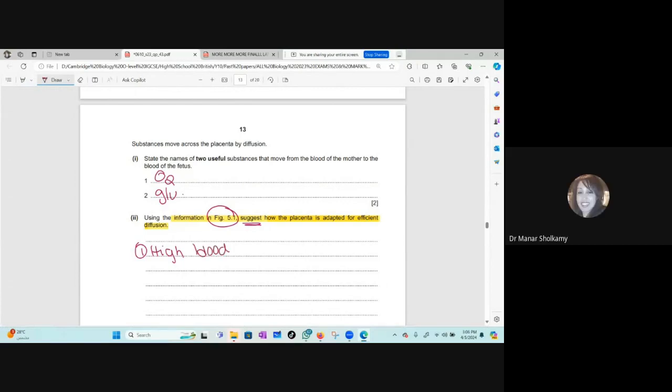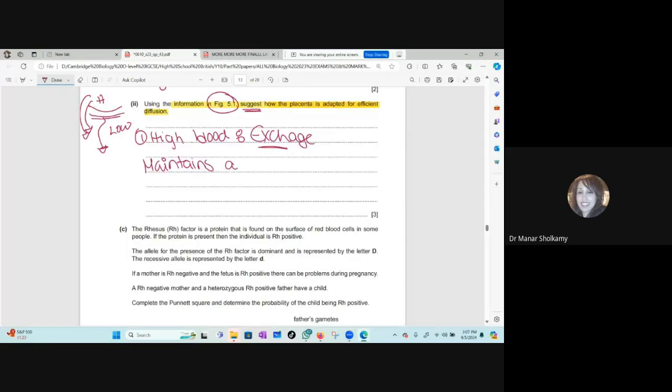Correct. And also they said that the exchange of materials happens by diffusion. So high blood supply will maintain, you said, for the exchange of materials, it will take the waste products away and will provide the oxygen and the nutrients. And always high blood supply is the right term, it maintains what?